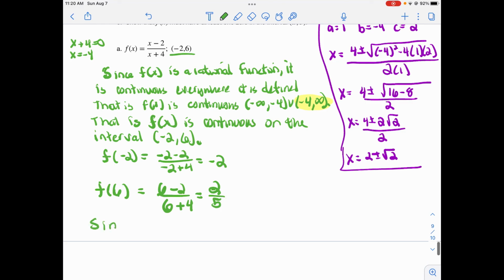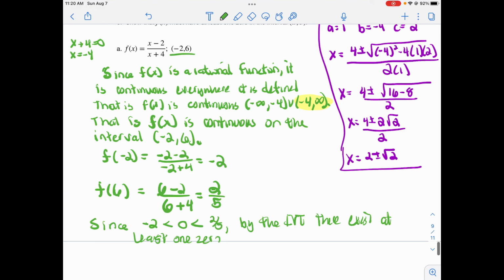So, conclusion statement: since negative 2 is less than 0, which is less than 2/5, by the intermediate value theorem, there exists at least one 0 in the interval negative 2 to 6.